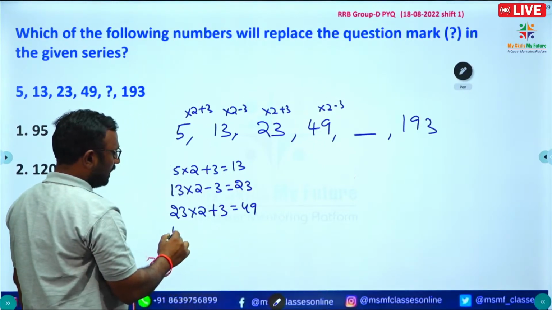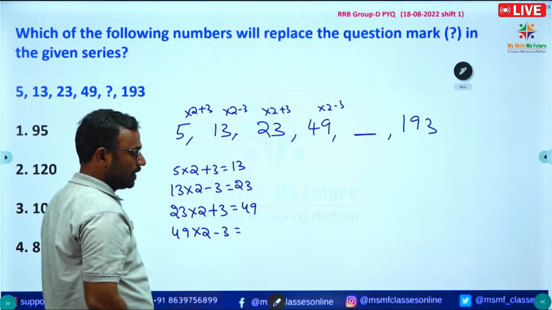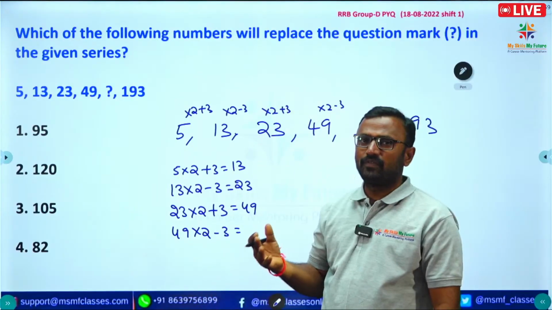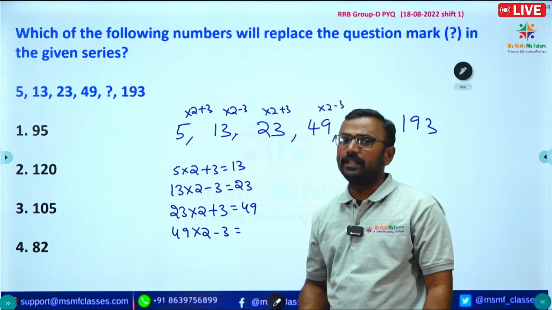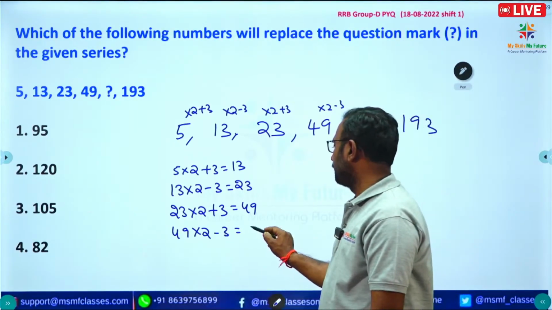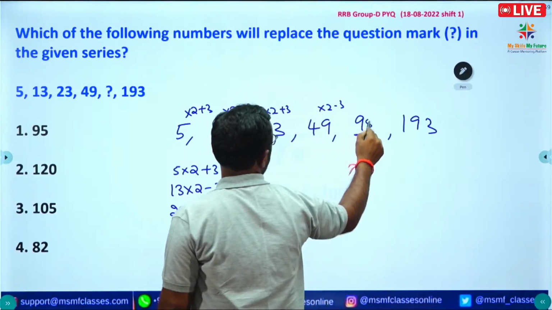So 49 into 2 minus 3. 49 is approximately near 50, so 50, 50, 100, just minus 2. 49 into 2 we get 98, 98 minus 3 is 95. So the number is 95.